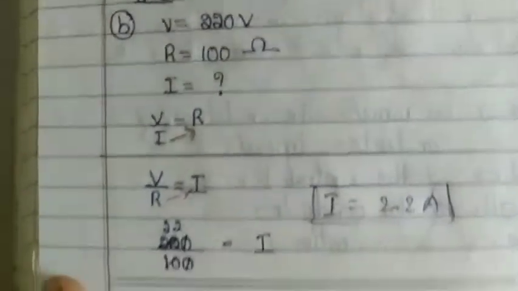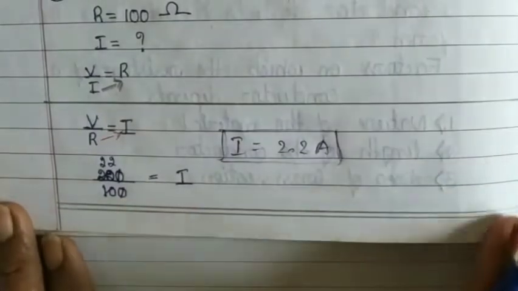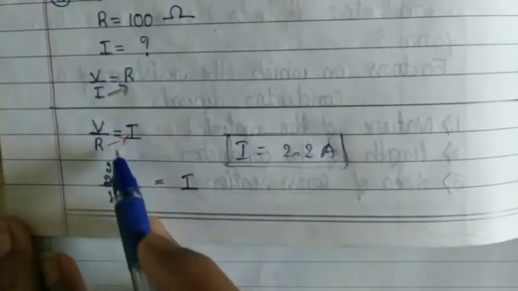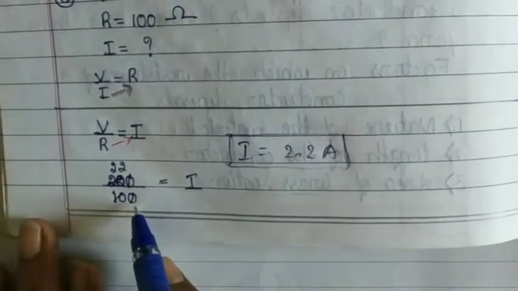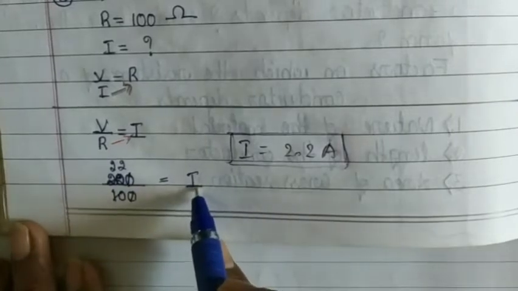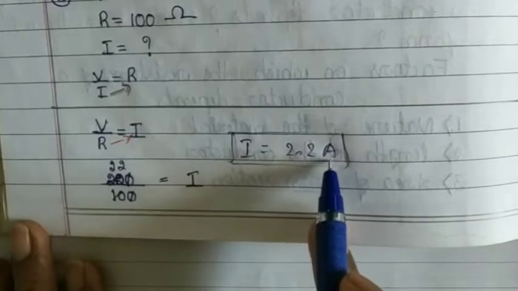Now substitute the values of V and R. V is 220 volts and R is 100 ohms. Both are cancelled together. It gives the I value: I is equal to 2.2 ampere.